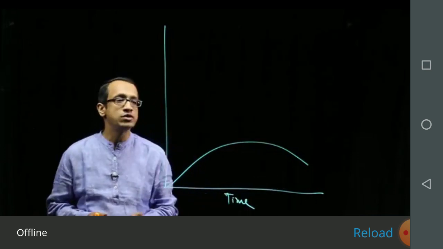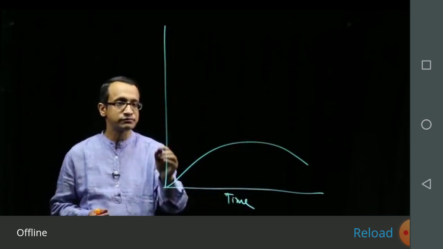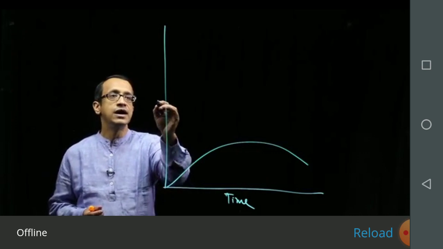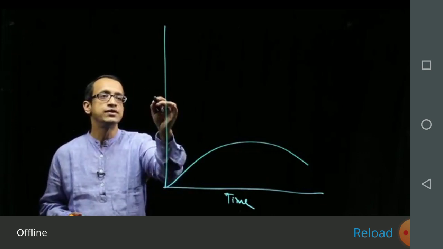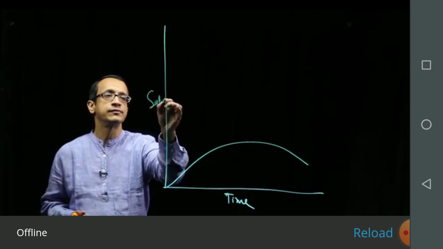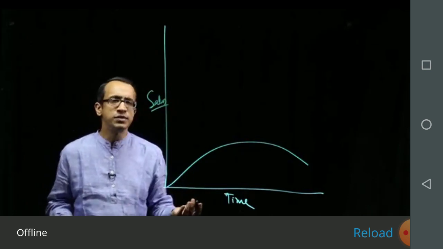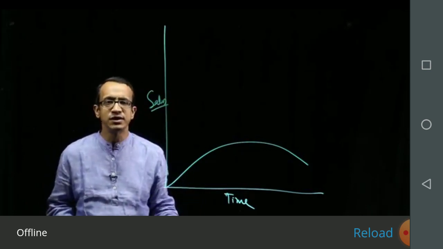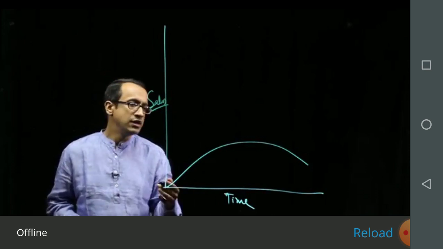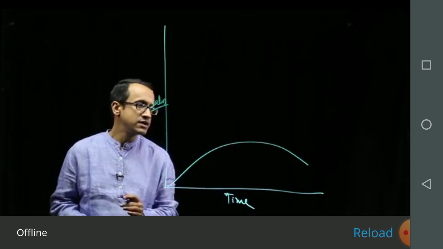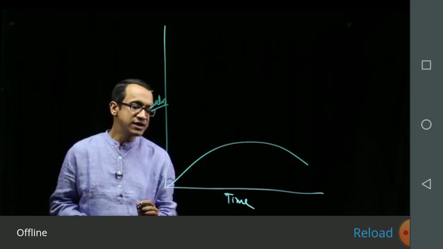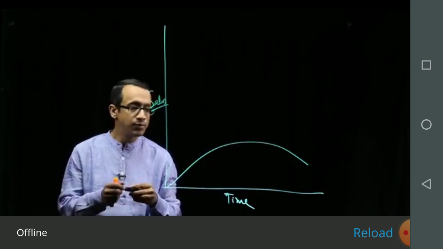Time is an important thing of life cycle, and here I will put any of the marketing performance indicators. Most often we use sales. There could be other indicators also, like market share, like profit. In those cases the shapes will be a little different than what it is now. So this is a standard shape what I have put in over here.